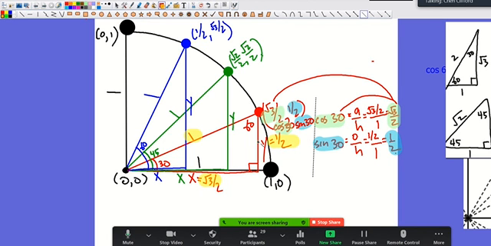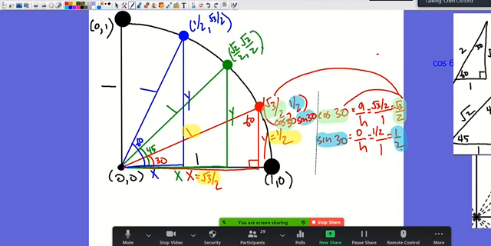You can use that same logic and find that this first value is cosine of 45 and this second value is sine of 45. You can do the same process here too. This is going to be cosine of 60 and sine of 60.